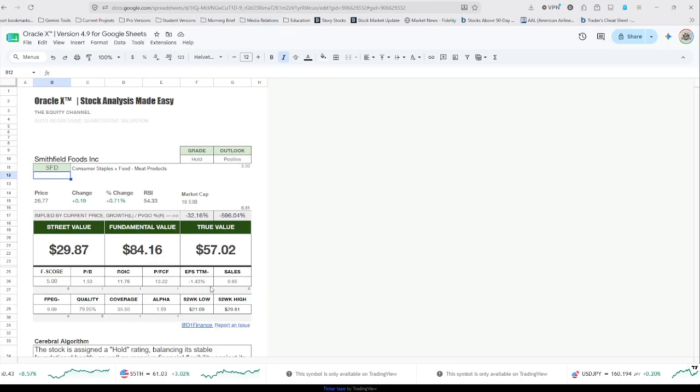Their sales growth, their earnings growth is pretty much non-existent. The price to book is, for me, 1.5, I could deal with it. But the reality here is this company still presents us with a bit of a challenge.